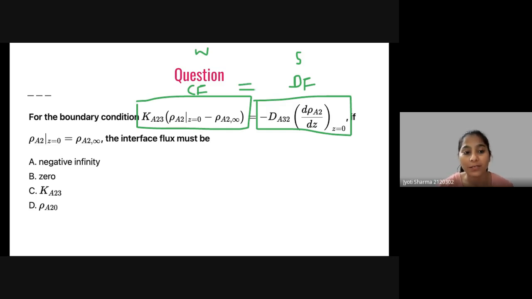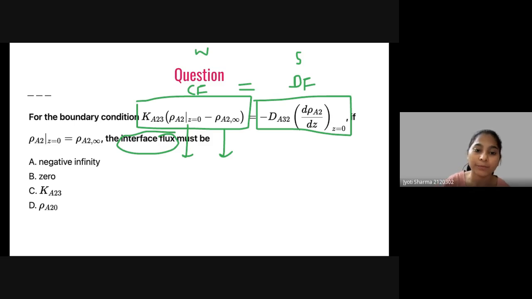Then what we are saying is that if this value will be equal to this value, the interface flux must be, with negative infinity, 0, capital K A23, rho A20. The interface flux should be 0, right?